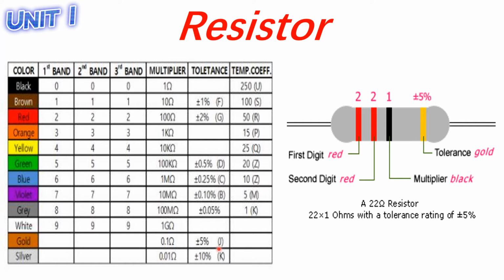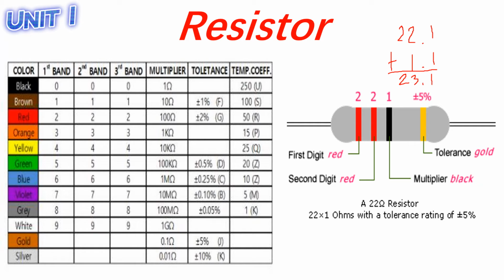So that means this resistor can hold the maximum resistance of 23.1, because the resistance here is 22 and the tolerance is 1.1. So the maximum is 23.1.